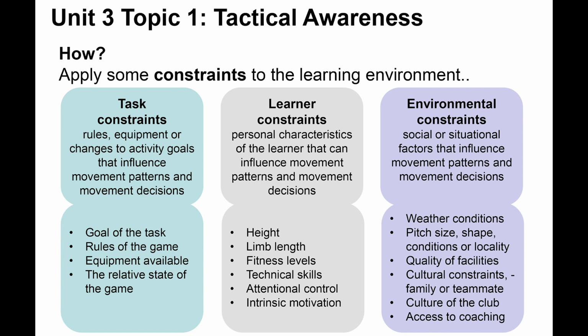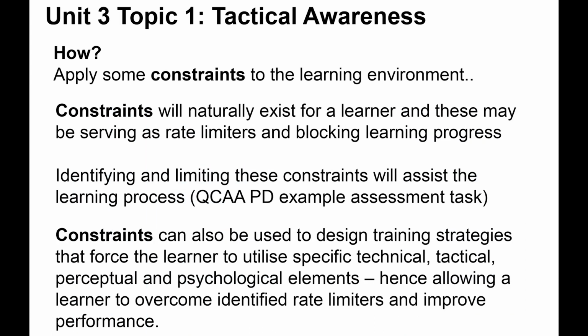They come with those things. So they're already faced with limits, or constraints, that they have to work within. If you're not tall, you're never going to be able to jump high enough to get to the back clear. So you've got to find a way to overcome that constraint about your physicality. But you can also use the constraints to your advantage as a coach to help guide the learning experiences for the player or for the student.